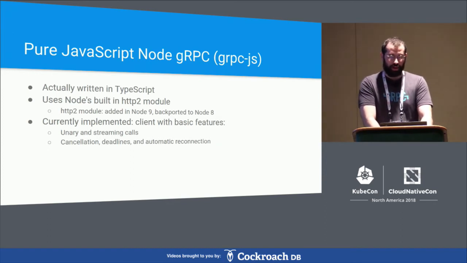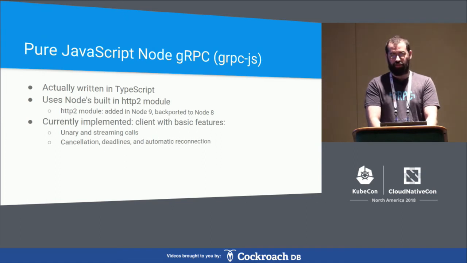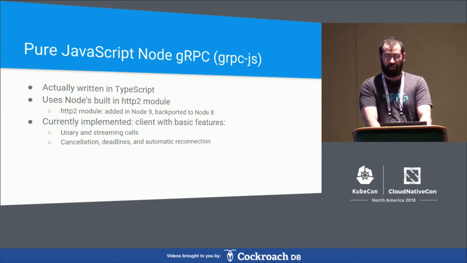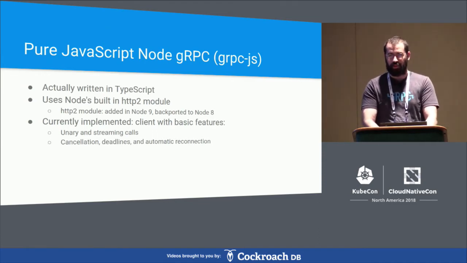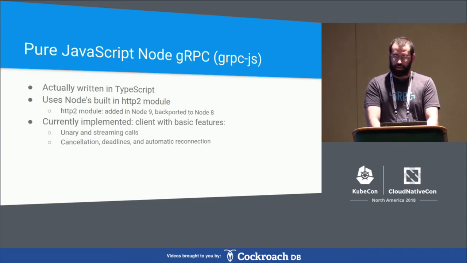And we used the built-in HTTP2 module in Node, which was introduced fairly recently. And this was fundamentally important to this project. HTTP2 is a complicated protocol, and re-implementing all of that or using some third-party library that we don't necessarily know much about was just not worth it. Wouldn't have worked well.